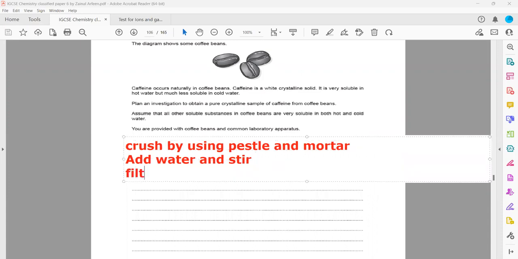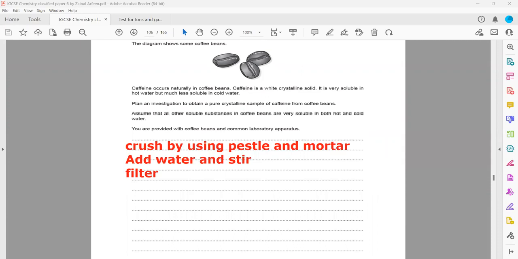Then we will filter. Since after we grind it, the solid will be very fine, we can also mention filtering through a Buchner funnel with a vacuum-induced side-arm flask. That's actually what is done.